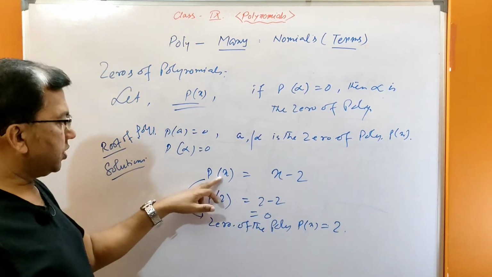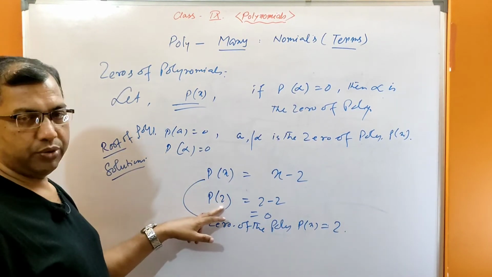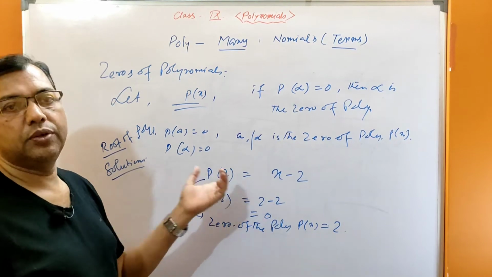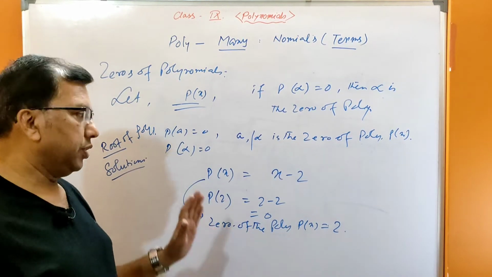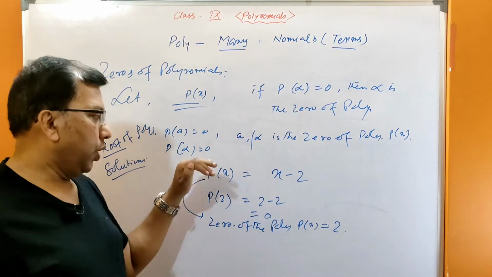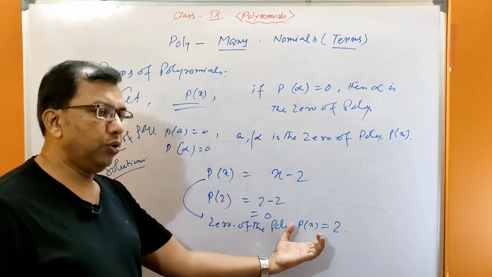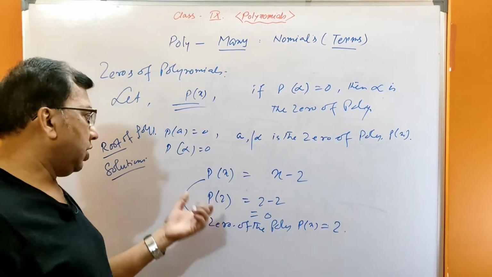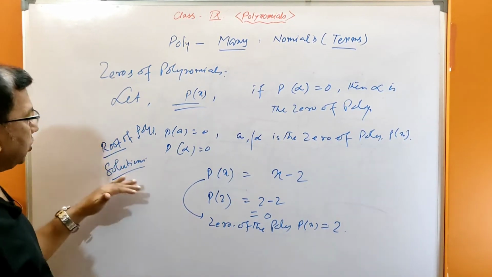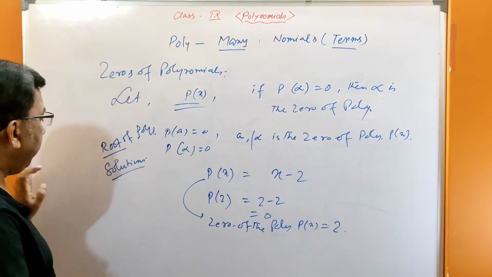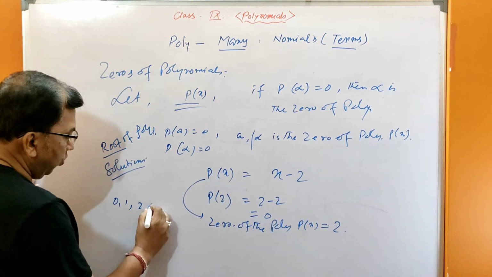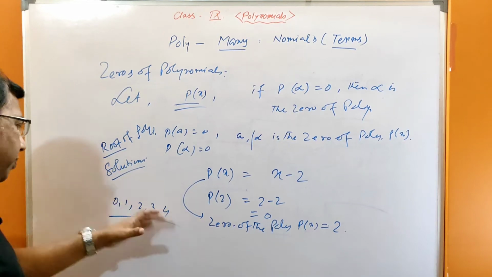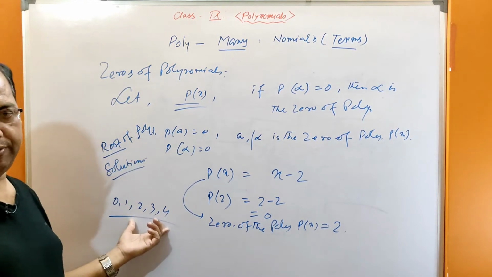That means whatever value we put instead of x, if the total value of the polynomial, whether it is a quadratic, linear, or cubic polynomial, is 0, then that value is the zero of that polynomial. The zeros, roots or solutions of any polynomial may be 0, maybe 1, maybe 2, maybe 3, maybe 4. So many values, so many zeros will be there.